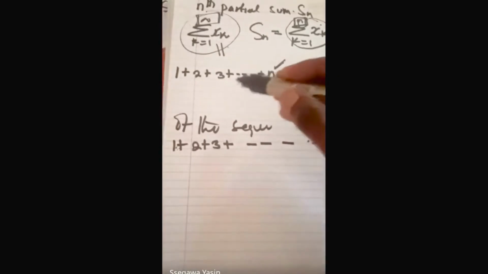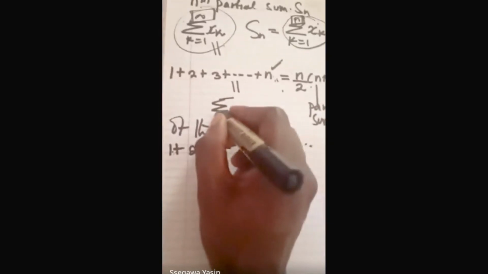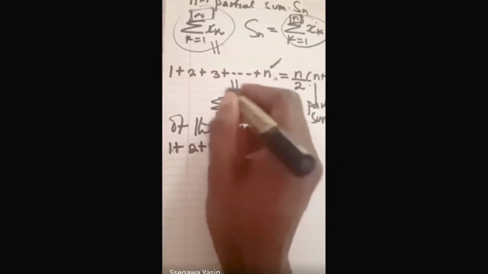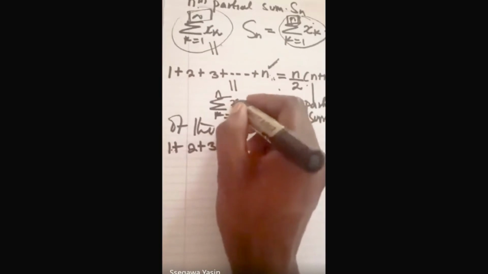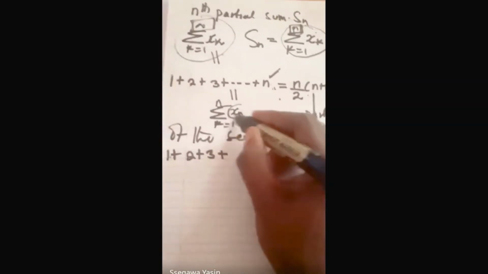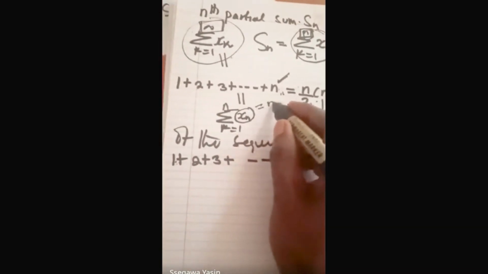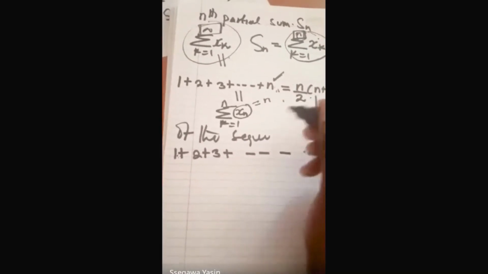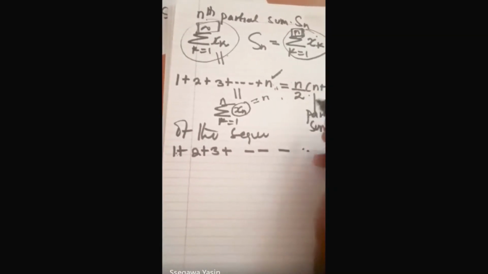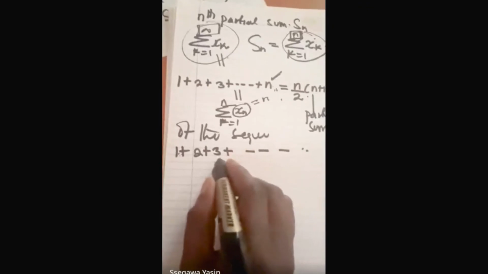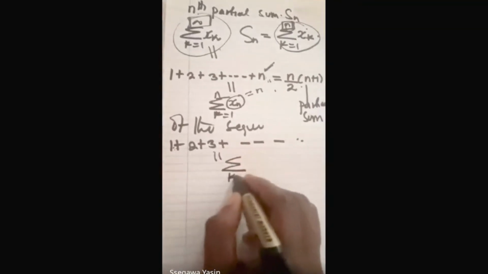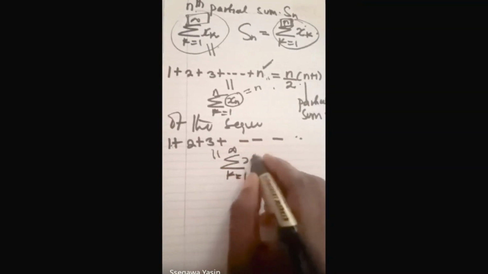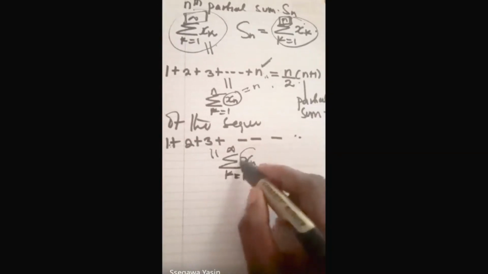So now you should know that this one here, in the abbreviation, you write it as the sum from k equals 1 up to n of the sequence xn. Our sequence here is just n; you keep adding 1, like that. But this one is the sum from k equals 1 up to infinity of the sequence xn. What's the sequence?